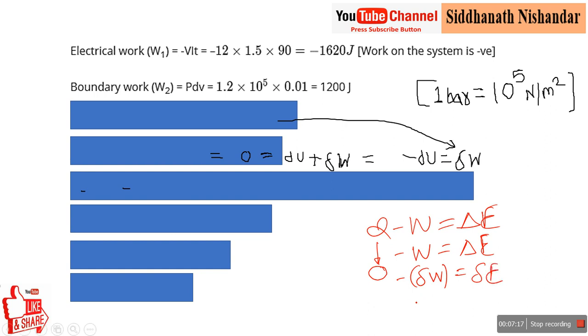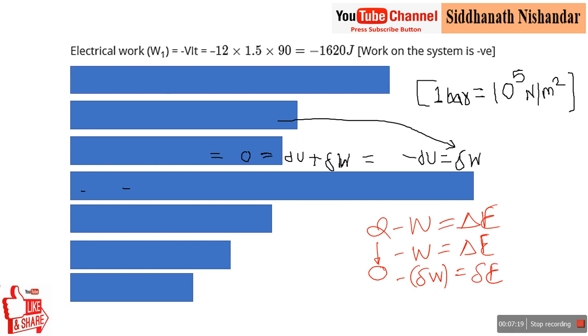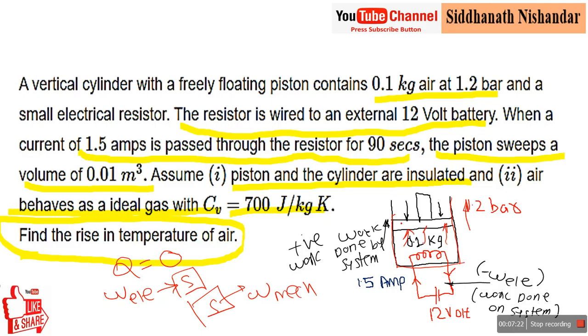Okay. Now we also observe that the floating piston contains 0.1 kg of air at 1.2 bar. If you observe the figure here, the piston expands and contracts.